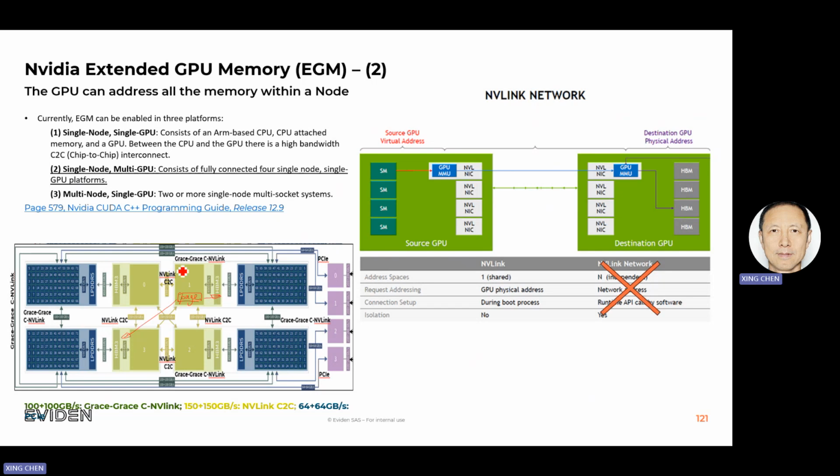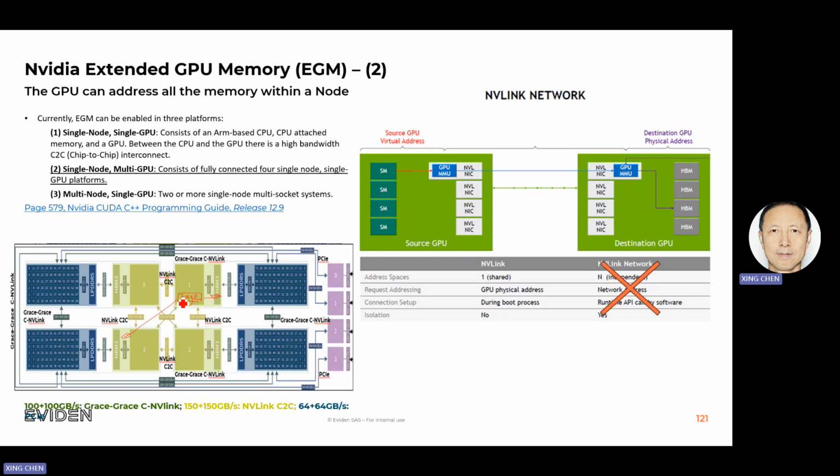So when this GPU tries to read local memory, it uses this page table to get the physical address and then uses that physical address to read the data. When the page table points to a remote physical memory, the GPU is going to use this remote physical address to get data.